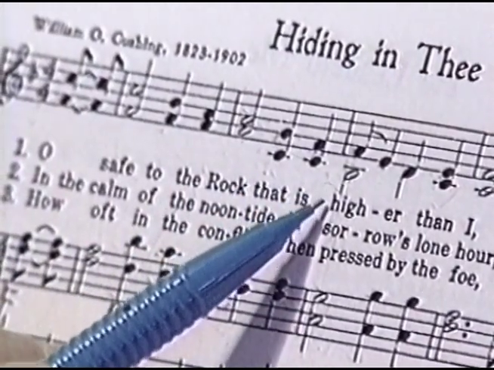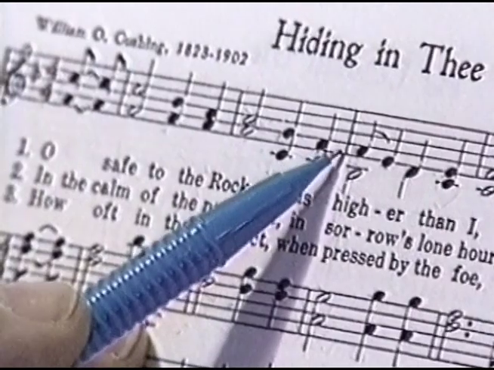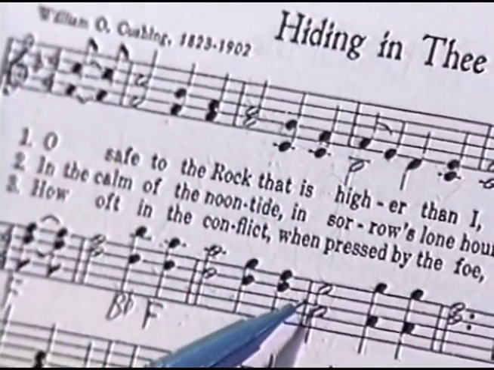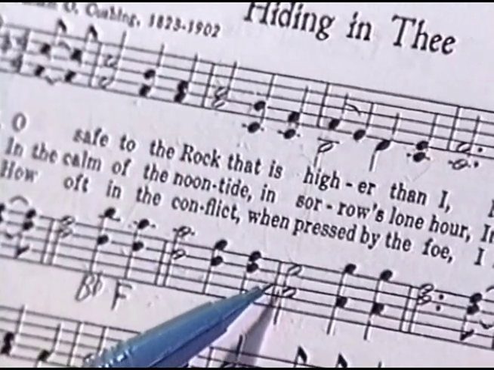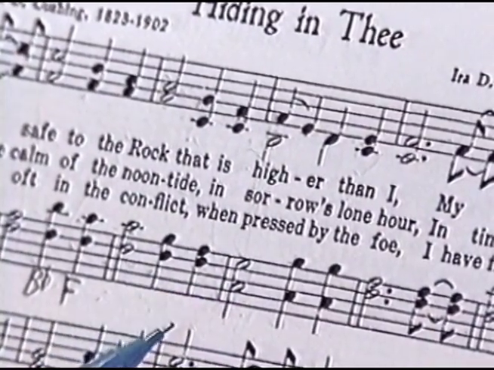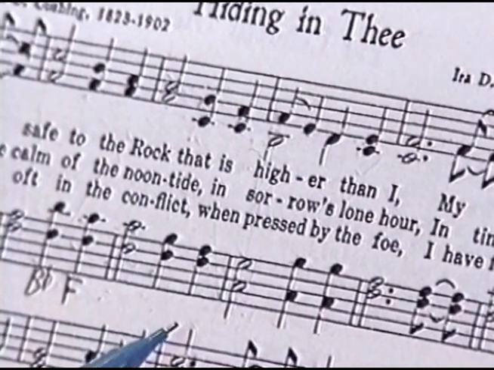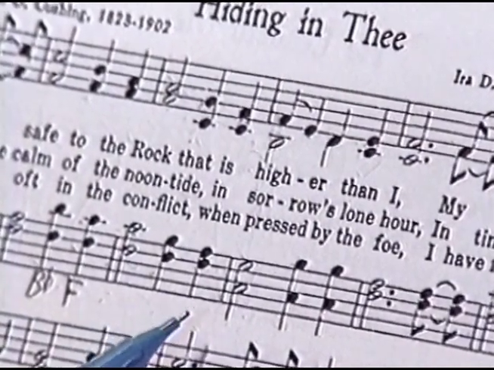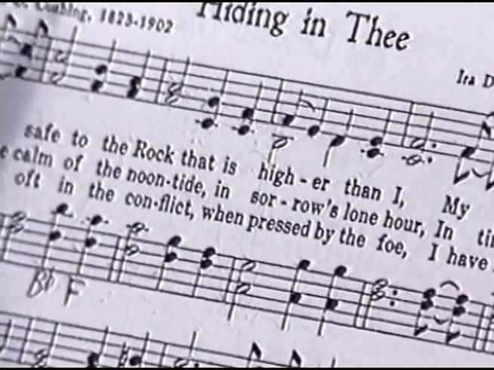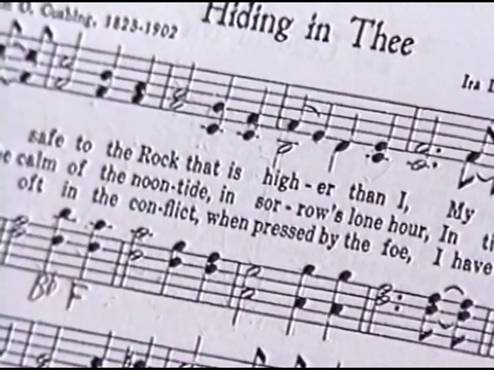In this measure we have a B flat, an F, a C, and a G. And we find again we cannot invert into successive intervals of thirds. So again we have something there that does not belong to the chord.